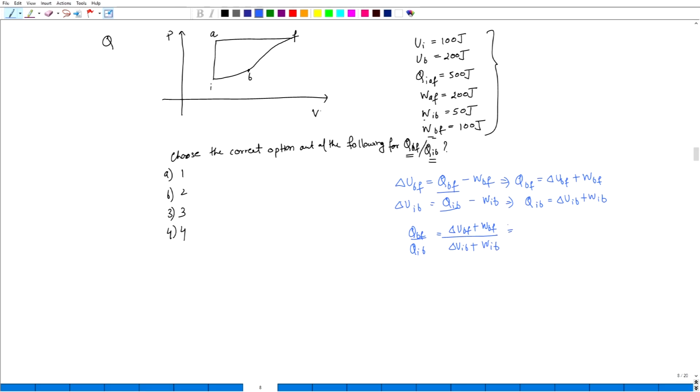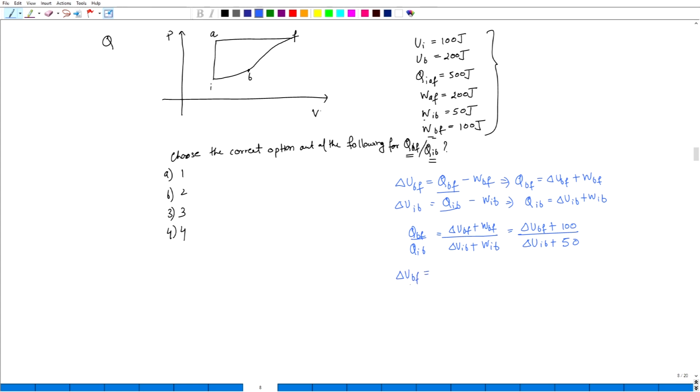Let's put in all the values that we have. I don't have delta UBF, plus WBF I have, that is 100, divided by delta UIB I don't have, and WIB is 50. So I need to find delta UBF.